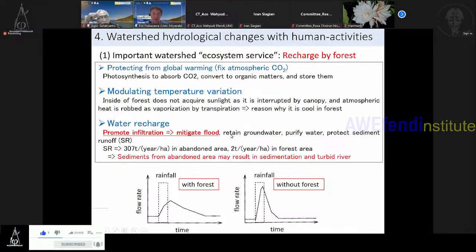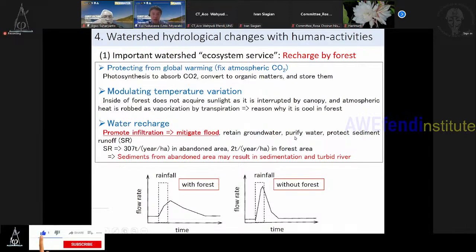And also the water is infiltrated to groundwater, so it increases the amount of groundwater. So groundwater is an important water resource. So yeah, it is a very useful aspect for human beings.